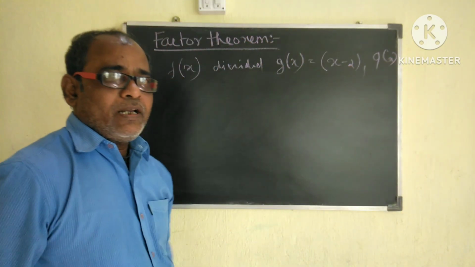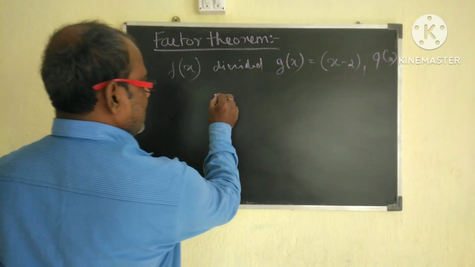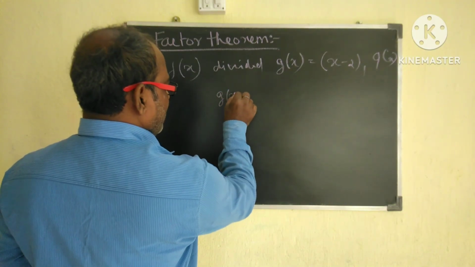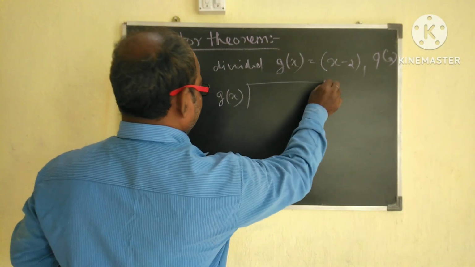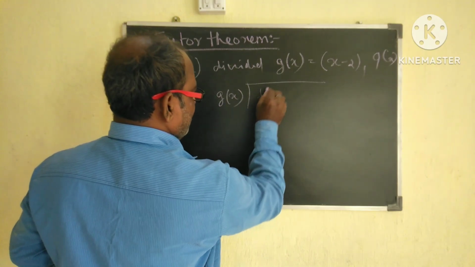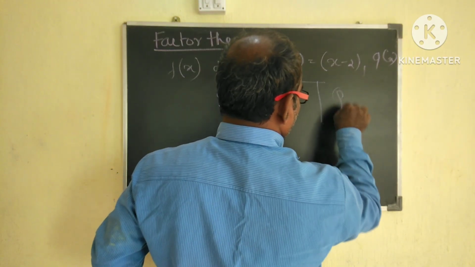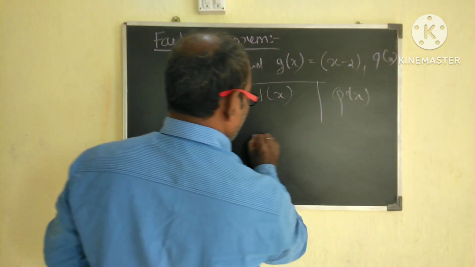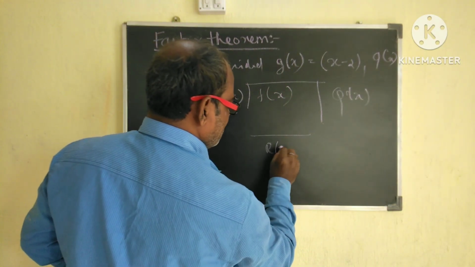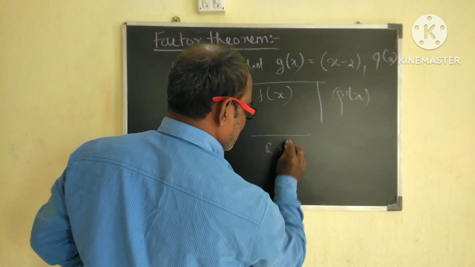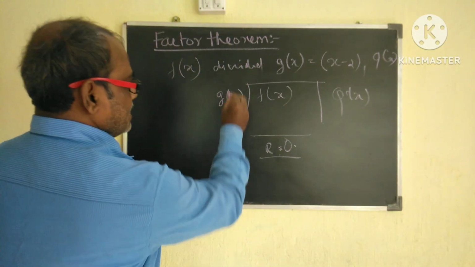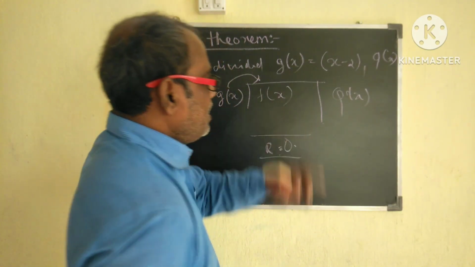If the remainder becomes 0, then we say that g of x is a factor of f of x.